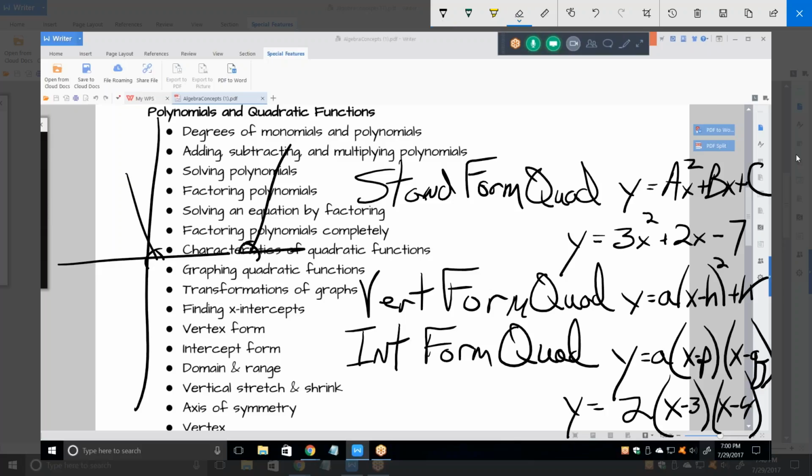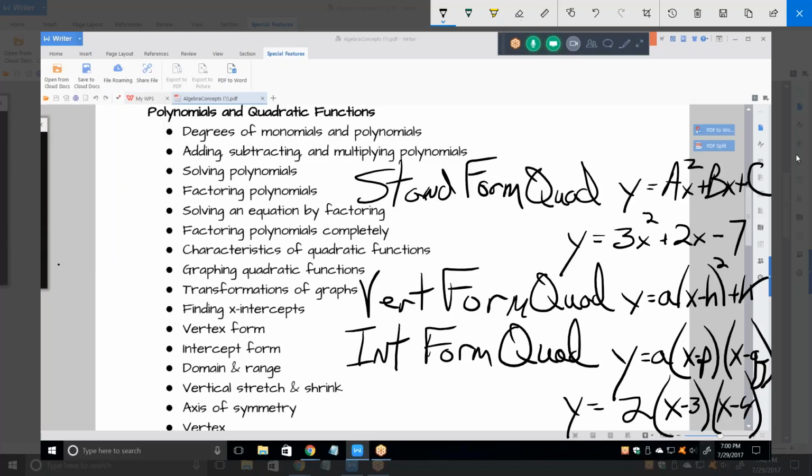Okay, so if I was going to graph it, I would first of all find 3, find 4. Now I got to draw a parabola that goes through both of those, like that. Okay, so intercept format is also an extremely valuable format to have in order to graph the parabola.